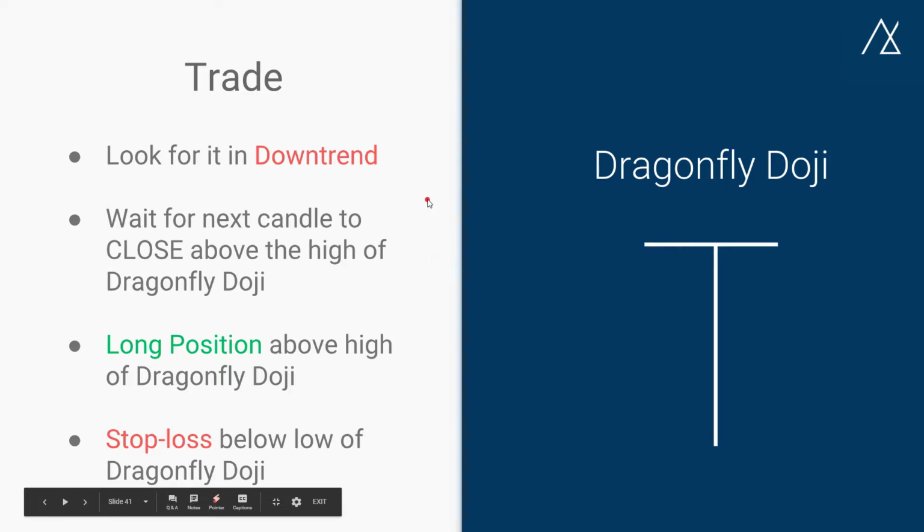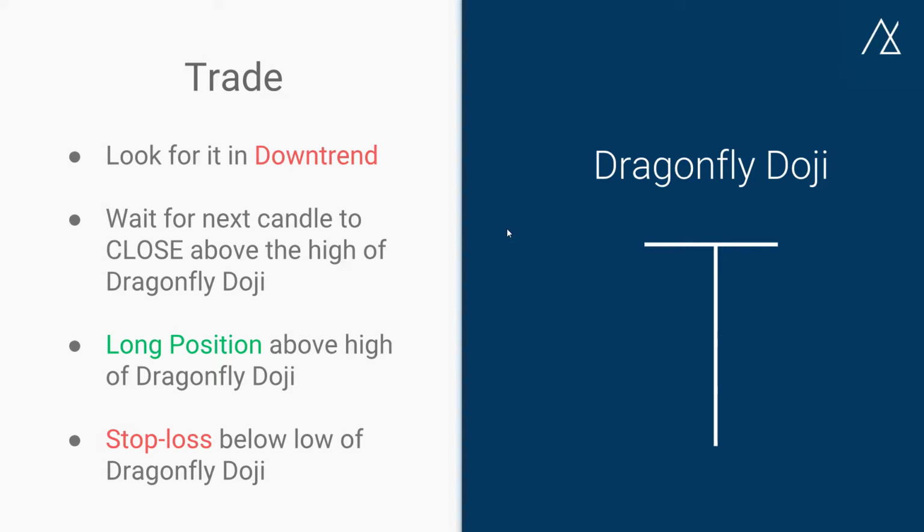Now there are two types of patterns. One is the trend continuation pattern. If a trend is, say, in an uptrend, and a pattern arrives, it can be divided into two parts. The first is the continuation pattern, which will indicate that the trend is going to continue, and the other is a trend reversal pattern, which will indicate that the trend is going to reverse.